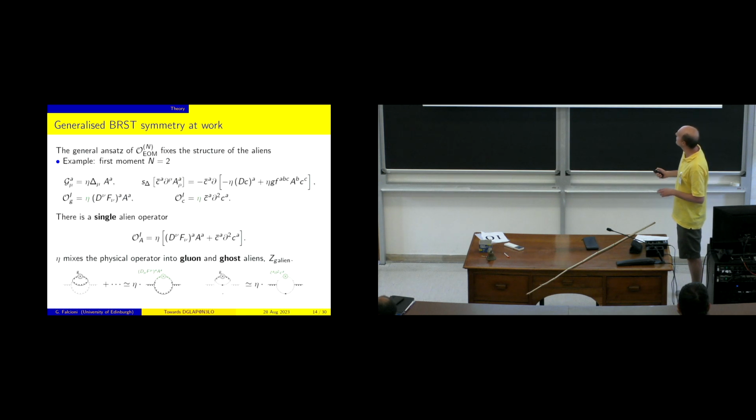So to have a look at the simplest case, how this can work, let's go to the first moment, n equal 2, where all operators must have dimension 4. Here I don't have much choice, so my only generic polynomial has to be just an A. Indeed, my equation of motion part can only be df times A, because I have to stay dimension 4.